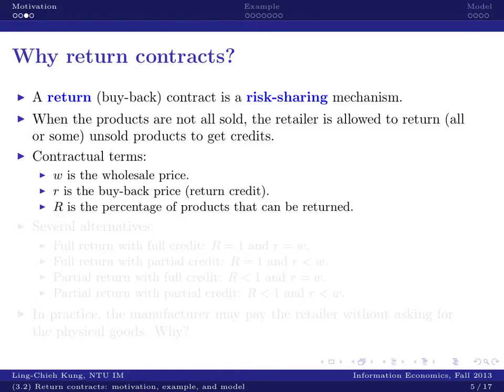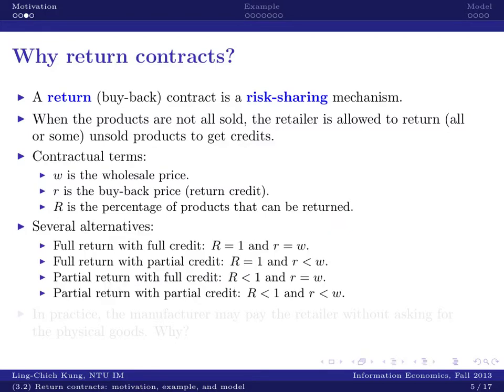So R is the percentage of products that can be returned. For example, if R is 80%, then when the retailer buys 100 units, at most 80 units can be returned to the manufacturer. With this, we know there may be several different kinds of return contracts.